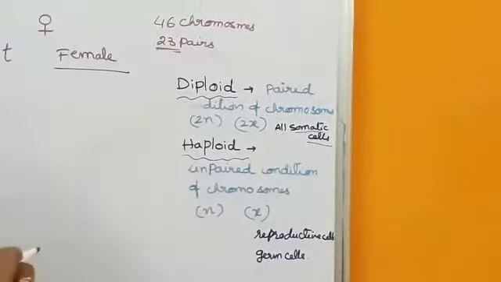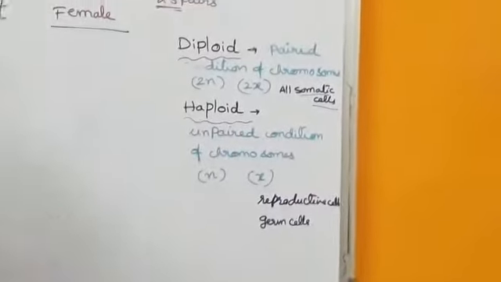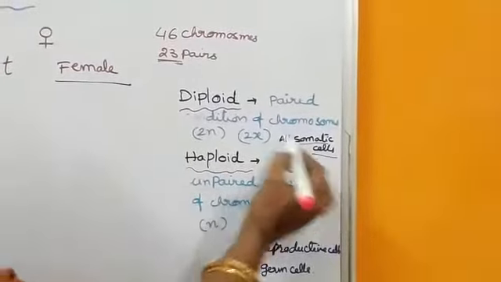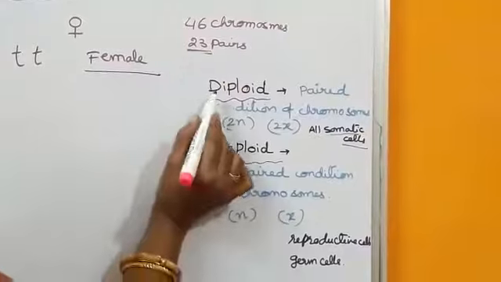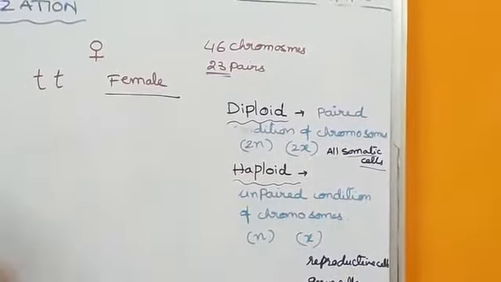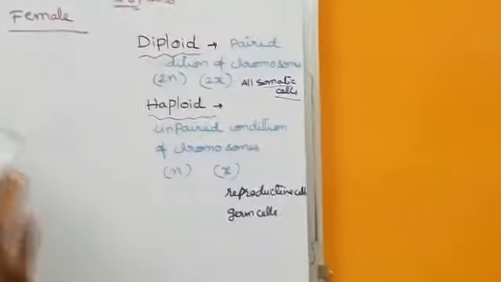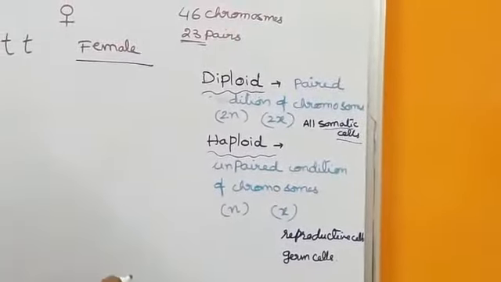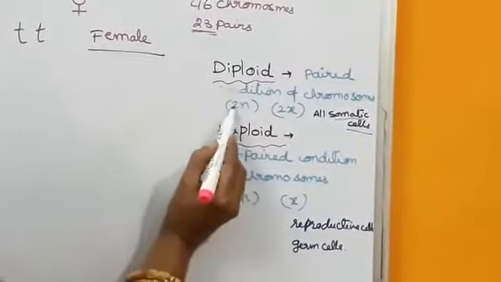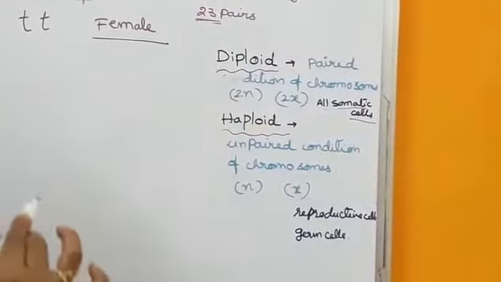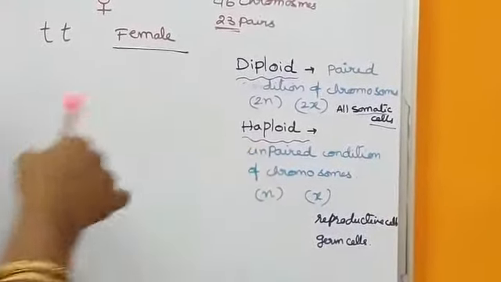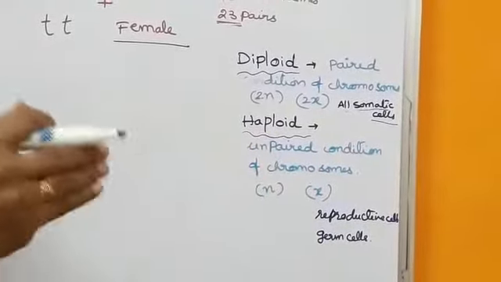Somatic cells means all the body parts except the reproductive organs. All the cells will have 2n. Don't confuse: the chromosomes in each and every cell of our body will be in diploid condition. Diploid will be represented as 2n or 2x.